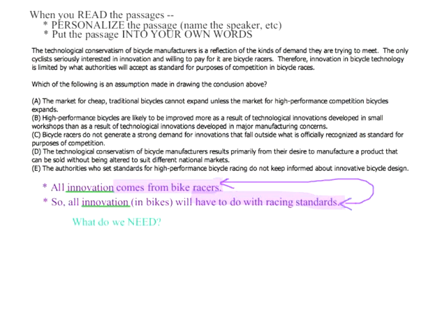So when things are not the same, but the argument treats them as though they were, you need an assumption to connect those. So we need to assume that coming from bike racers is basically equivalent to having to do with racing standards.